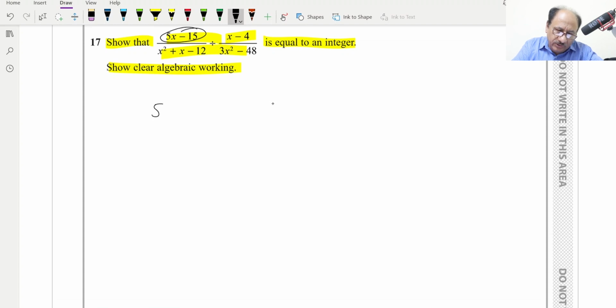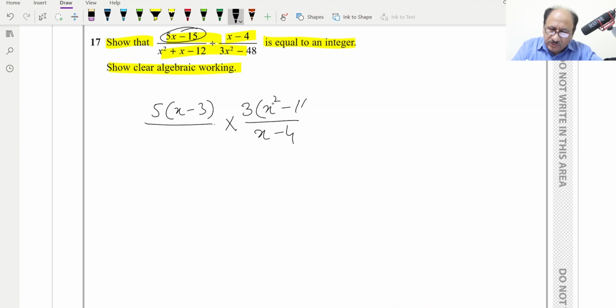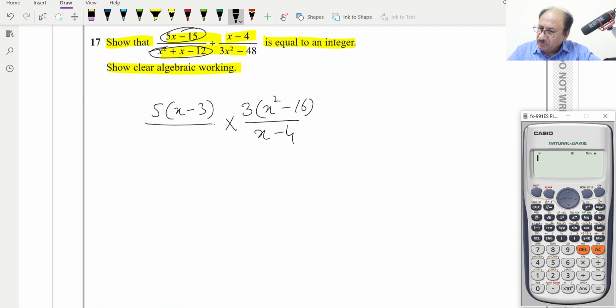So it will be 5, we can take common, inside will be x minus 3, and we can change division into multiplication, and this will be x minus 4 as denominator, and from the top we can take 3 common, so it will be x squared minus 16.